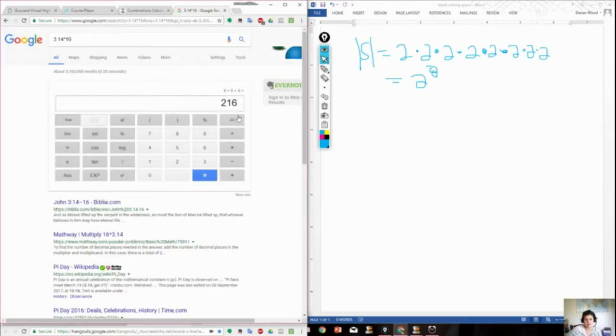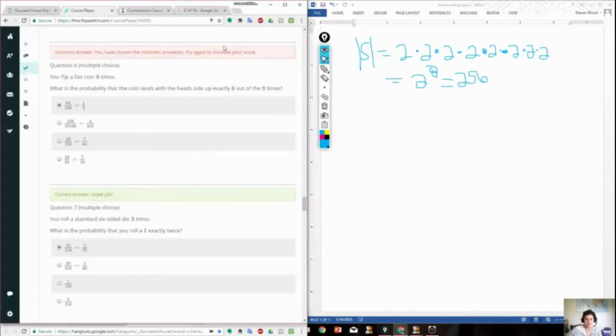And you go over to your Google calculator, you hit 2, the x to the y, and 8. And that equals 256. So our sample space is 256 different outcomes.